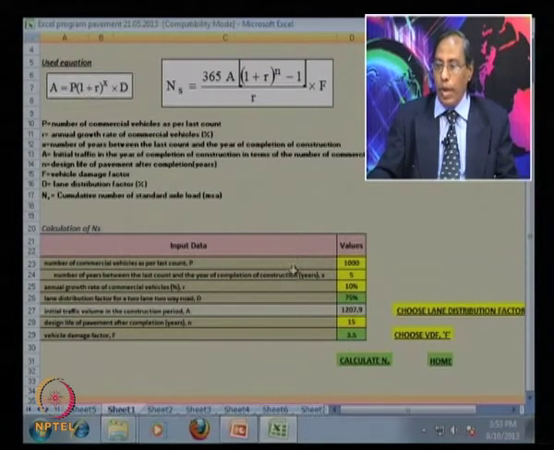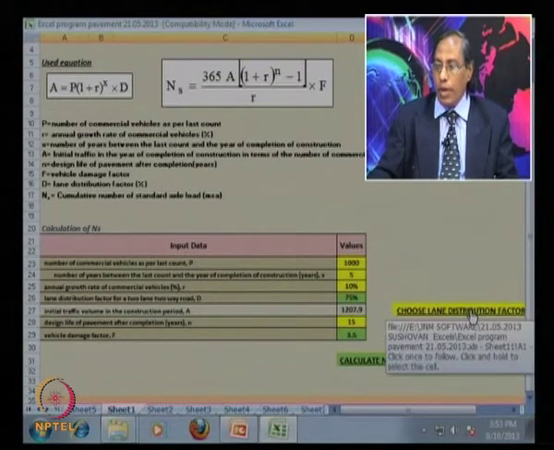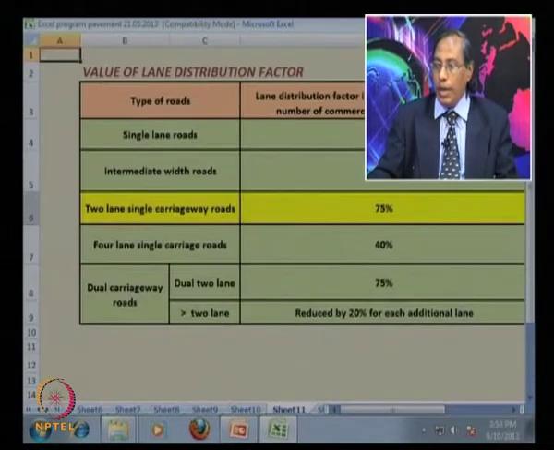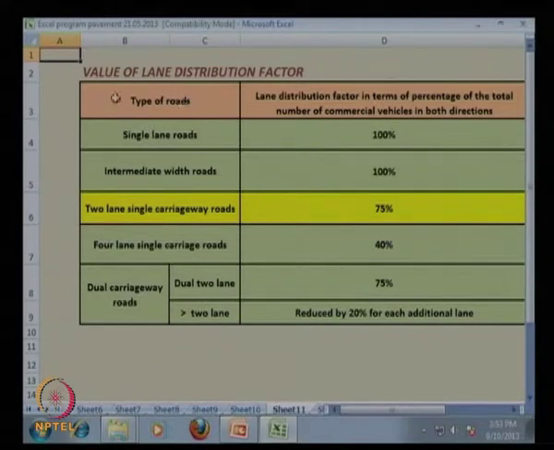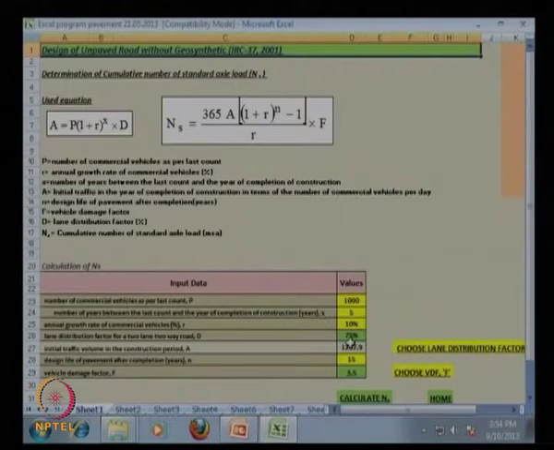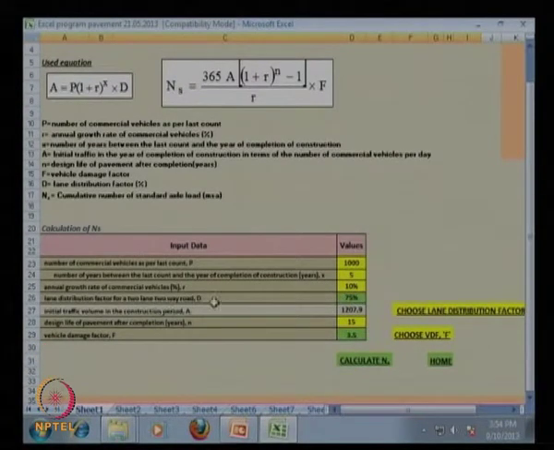First of all, we want to calculate the lane distribution factor. We have considered a 2-lane single carriageway road, and the lane distribution factor, in terms of the percentage of the total number of commercial vehicles in both directions, is about 75%.